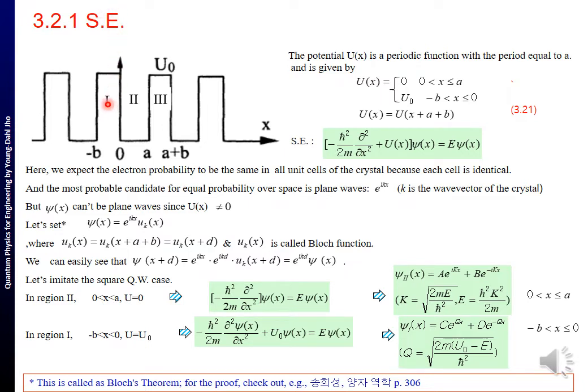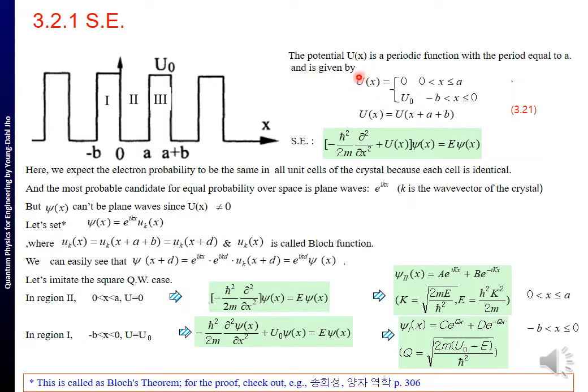Basically region 1, region 2, region 3 have different potential shapes. Let's presume that regions 1 and 3 have the same potential height, U0. Let's presume that in region 2, the minimum of the potential is 0, because potential is important only in relative terms. The relative value in the quantum well and in the barrier is important. We don't care about the absolute value here.